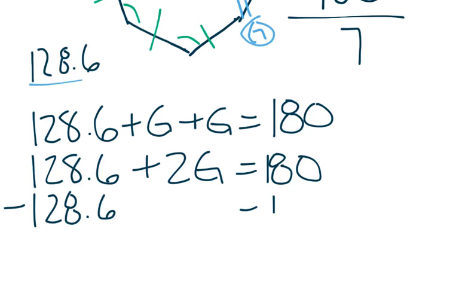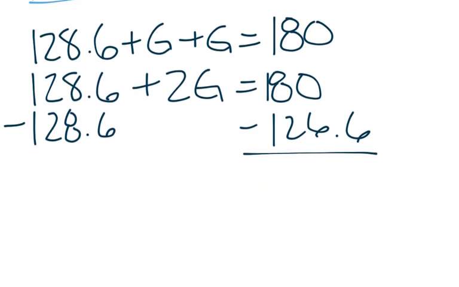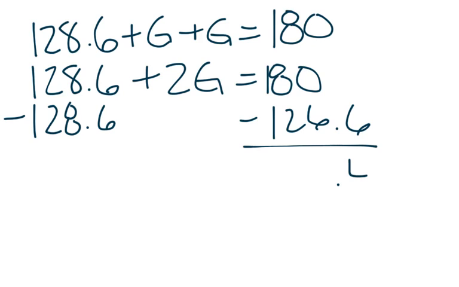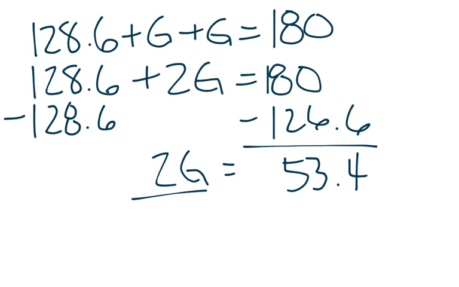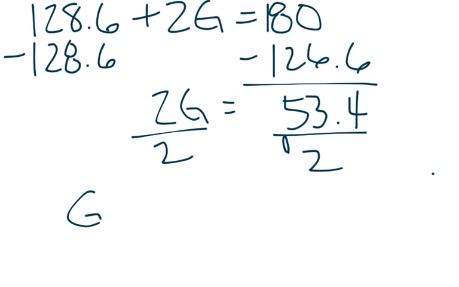So 180 minus 128.6 is 51.4. So 2G equals 51.4, and we want to figure out what G is. So we divide by 2. 51.4 divided by 2 is 25.7. So G is about 25.7 degrees.